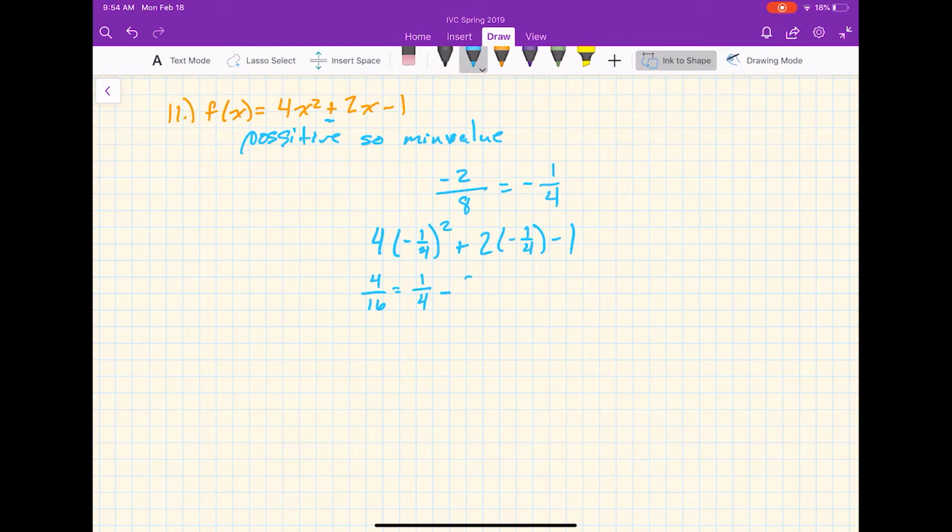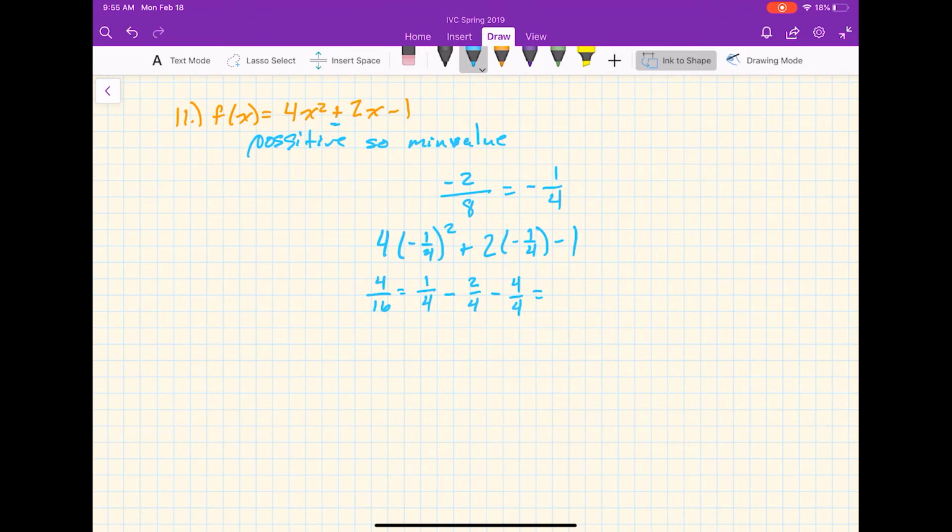Plus negative 2 over 4, so it'll be minus 2 over 4. That positive 2 times a negative 1/4, change it to a negative. Minus 4 over 4. 1 turns into a 4 over 4. So we have 1 minus 2, that's negative 1, minus 4 more, it's negative 5. So we have negative 5/4. So our min value for number 11 is going to be negative 5/4.